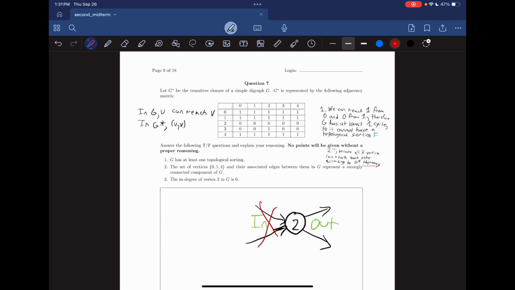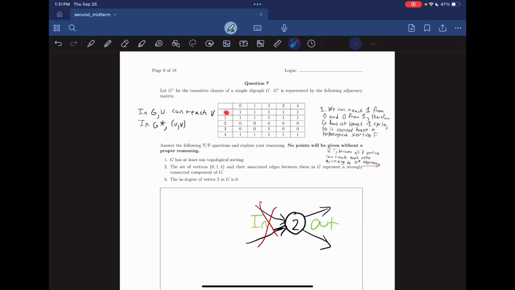So how is anybody going to get in there? We'll ignore parking lots and things like that. So in other words, for all vertices in G star, there should be no edge from that vertex to 2, besides maybe 2 itself, because nothing should be able to reach 2. So let's look and see if that's the case.